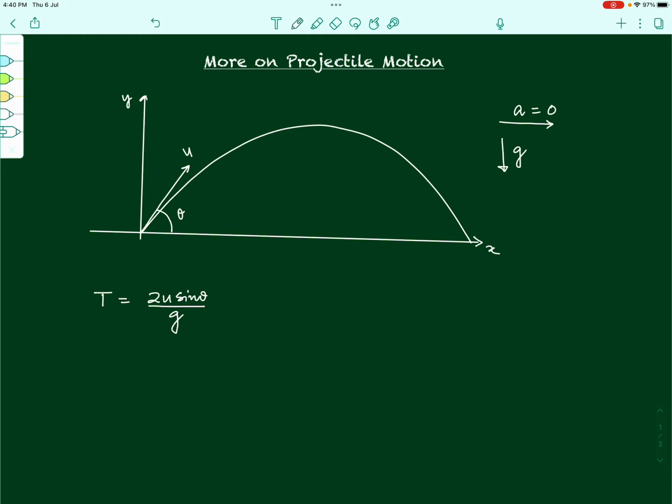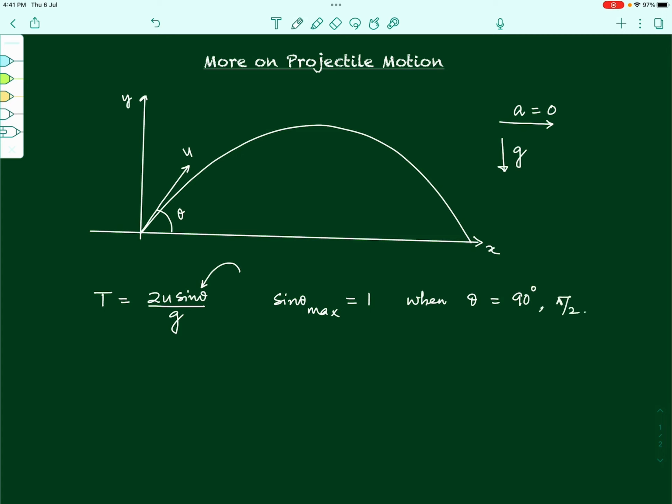T will become maximum for a given value of u, for the given initial speed, when sin theta takes its maximum value. And what is the maximum value of sin theta? The maximum value of sin theta is 1 when theta is 90 degrees, pi by 2 radians, right?